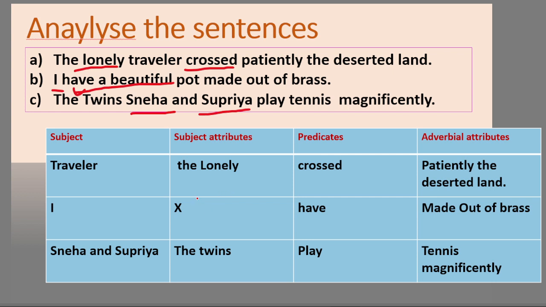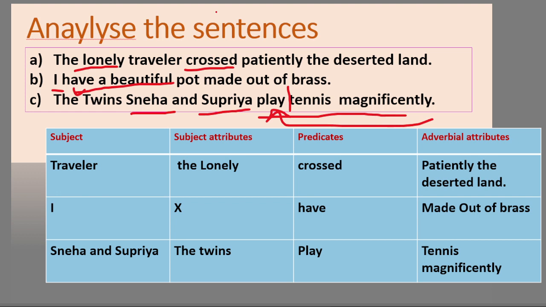So twins is the subject word attribute, and the rest is predicate. Play is a single word predicate, so it's a verb. And magnificently is qualifying that verb here. So tennis magnificently is the adverbial attribute in this sentence.